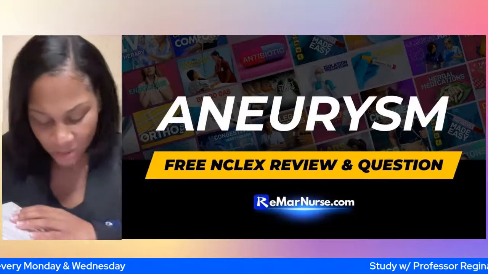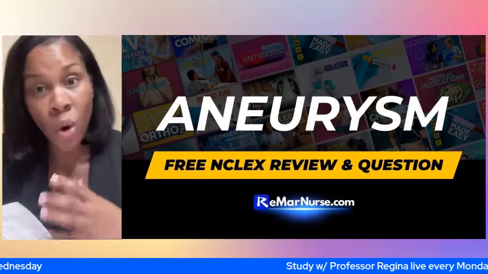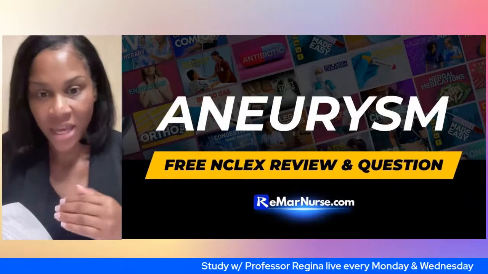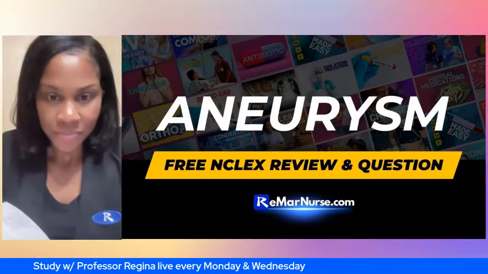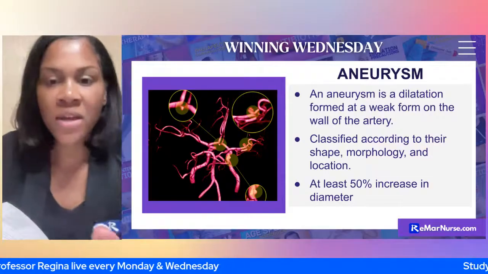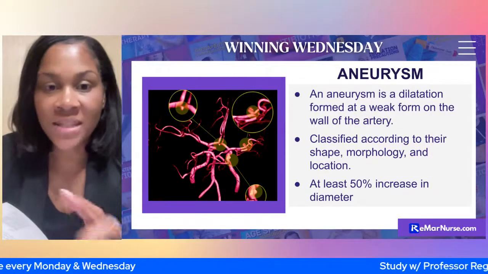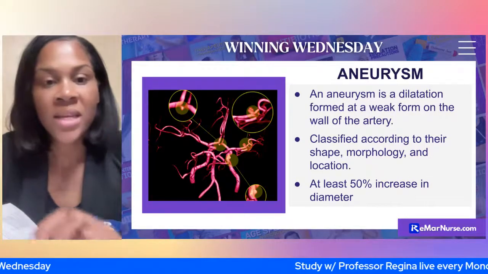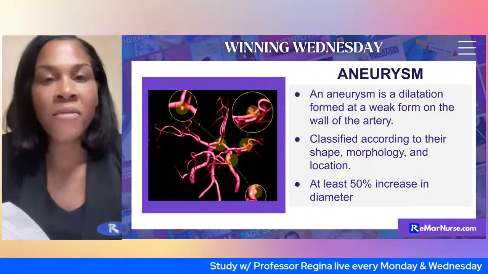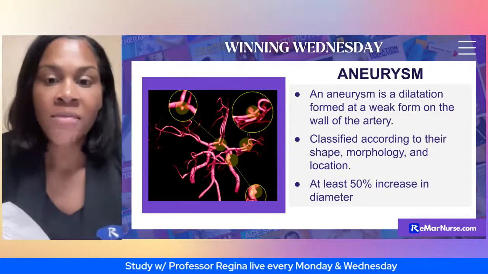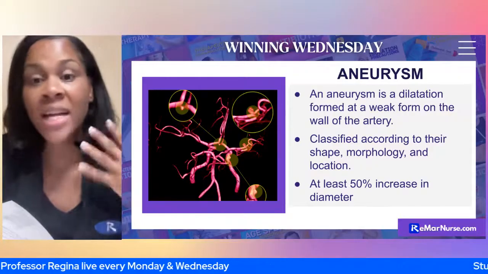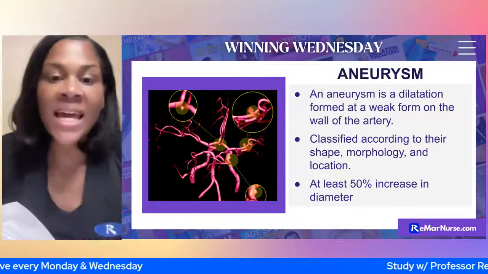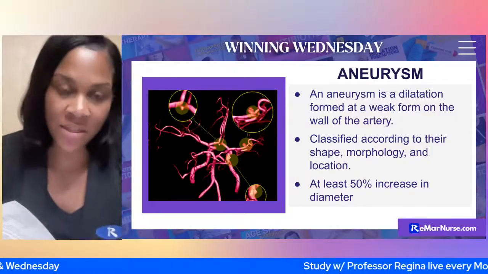So with aneurysms, this is a weakness in the wall of that vessel, and usually it's a large vessel. An aneurysm is a dilatation or weakening of the wall of the artery. It is classified according to its shape, its morphology, and its location, and at least a 50% increase in diameter.